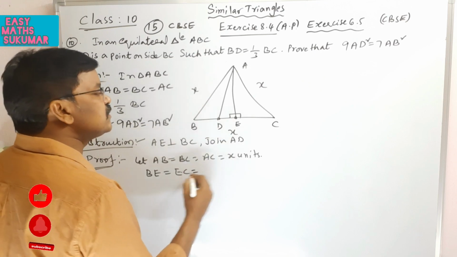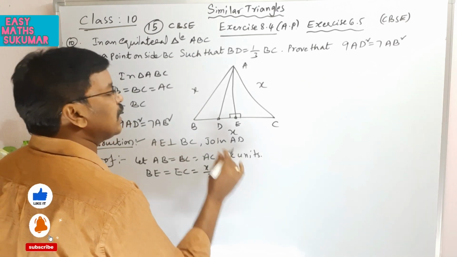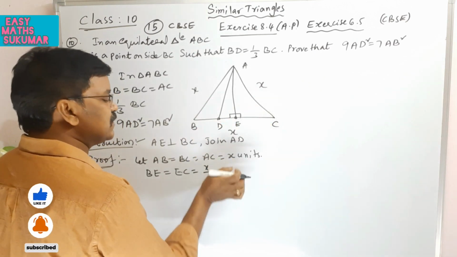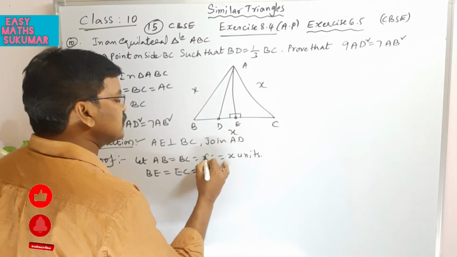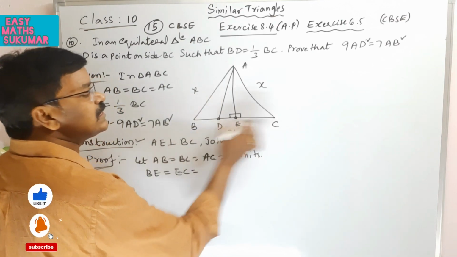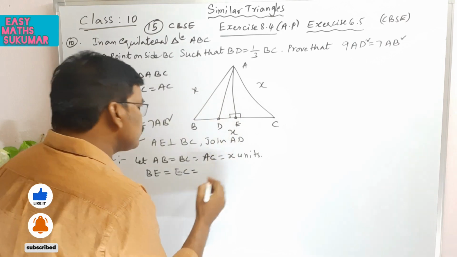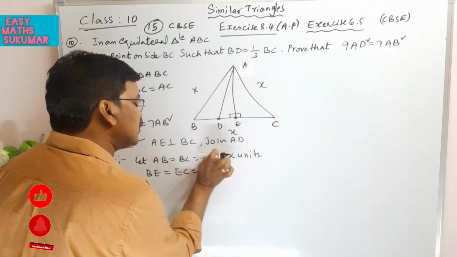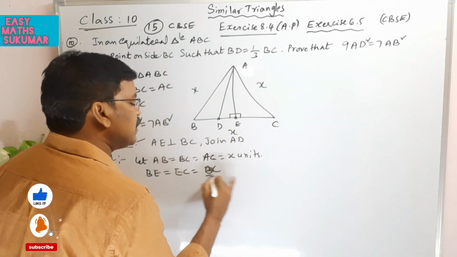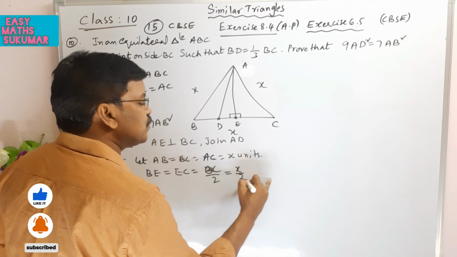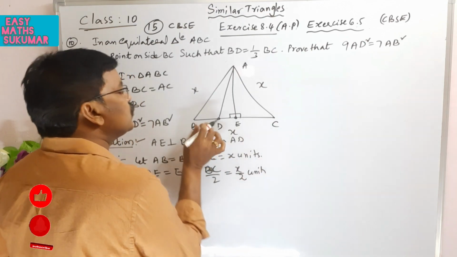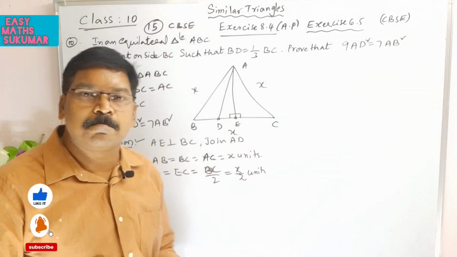This BE and EC are equal to x by 2. Why? What is BC, my dear students? This BC is x. So what about BE? That is BC by 2, that is x by 2 units. So this BE is x by 2.